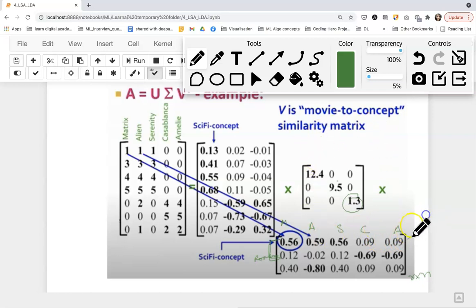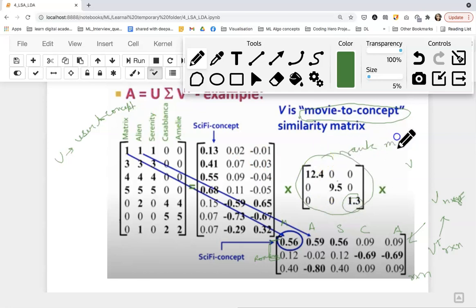Now what will we call this matrix V? Over here this is V transpose, which has dimension R cross N, so the dimension of V is N cross R. N means movies, so the V matrix is the movie-to-concept matrix, and the U matrix is the user-to-concept matrix. This middle one we call the rank matrix or strength matrix, which tells us the strength of each concept.